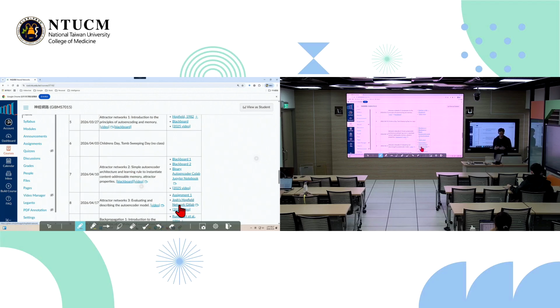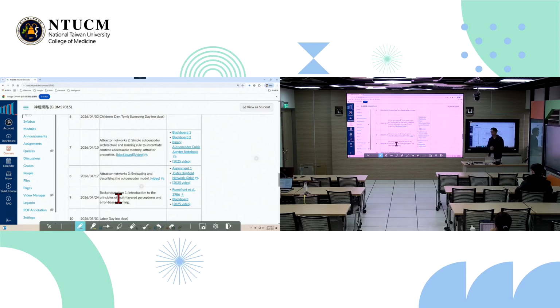So that was for attractor networks, and before we launch into this week's topic, which is we're going to move on to backprop. Any questions or final things about attractors or Hopfield networks?